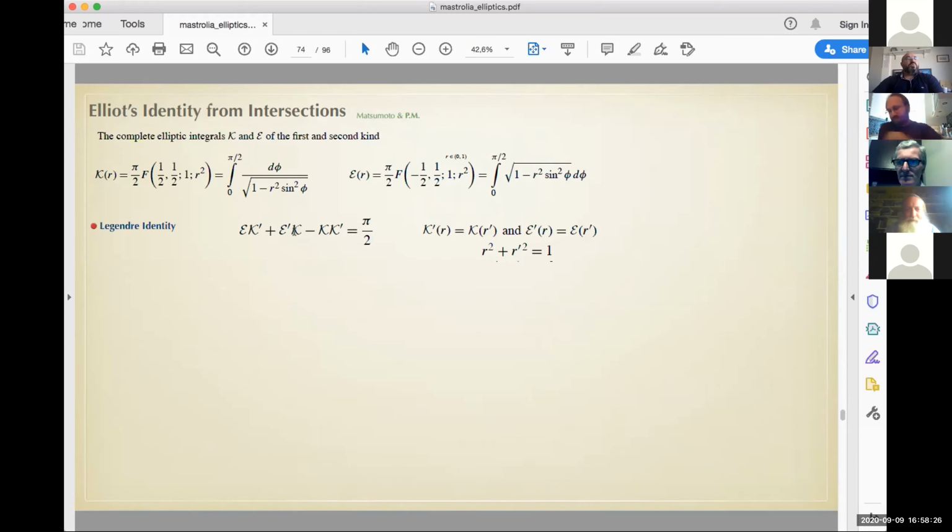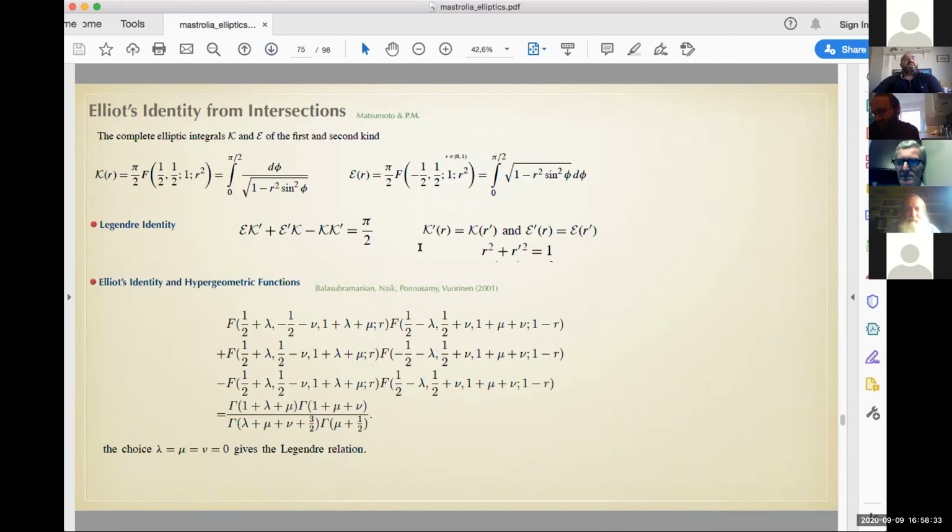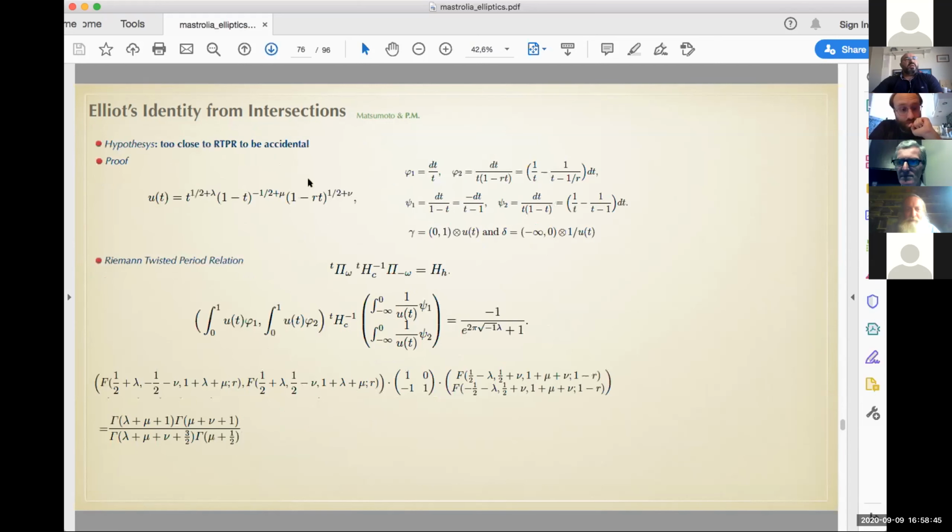They are known to obey this formula, the Legendre identity, which can be obtained as a limiting case of a more general identity known as Elliott identities for a suitable choice of parameters. And remarkably, this can be understood as an example of the Riemann twisted period relation upon suitable choice of the basis and of the integration contour.